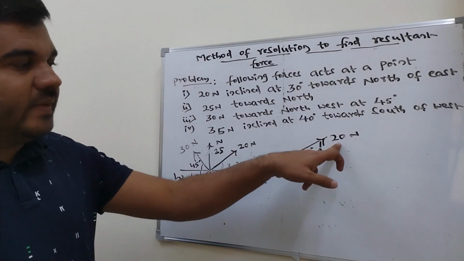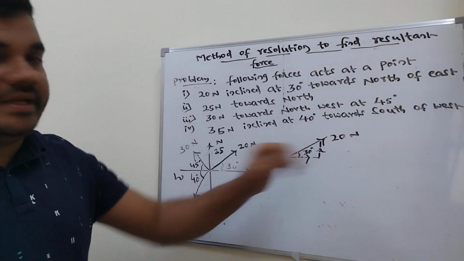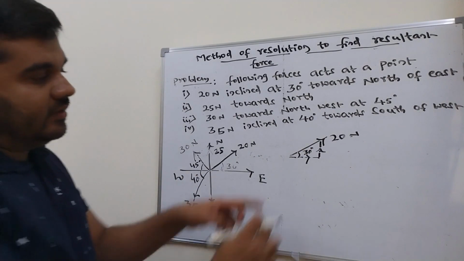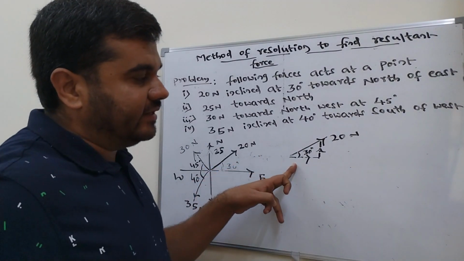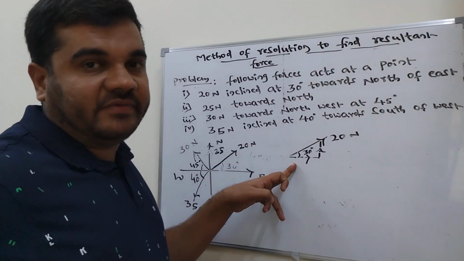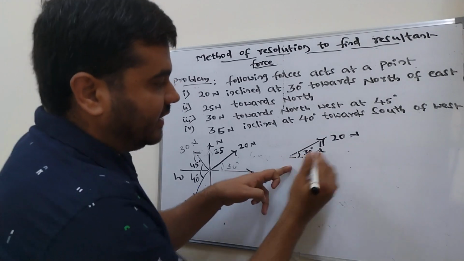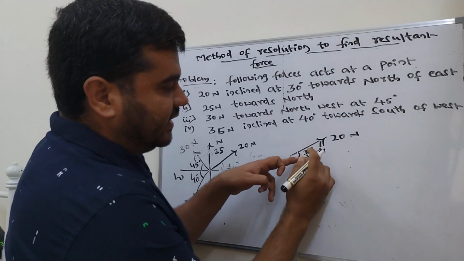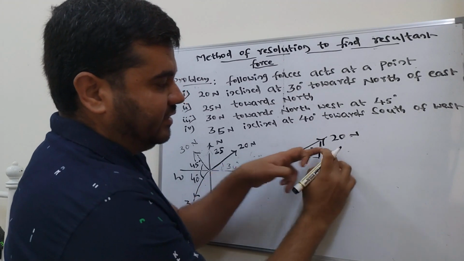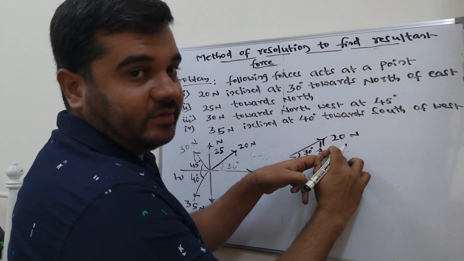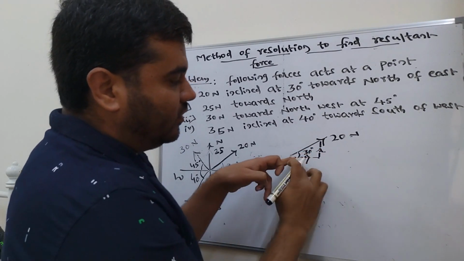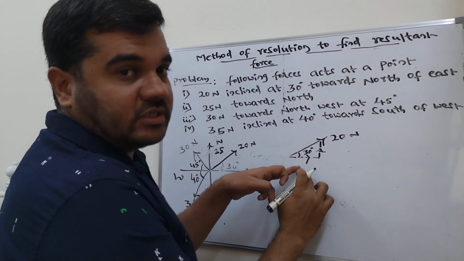Now split this 20 Newton into horizontal and vertical components. Use the trigonometric function. Sine theta is opposite side by hypotenuse, so on this side the sine component comes. Going downward, the cos component comes.